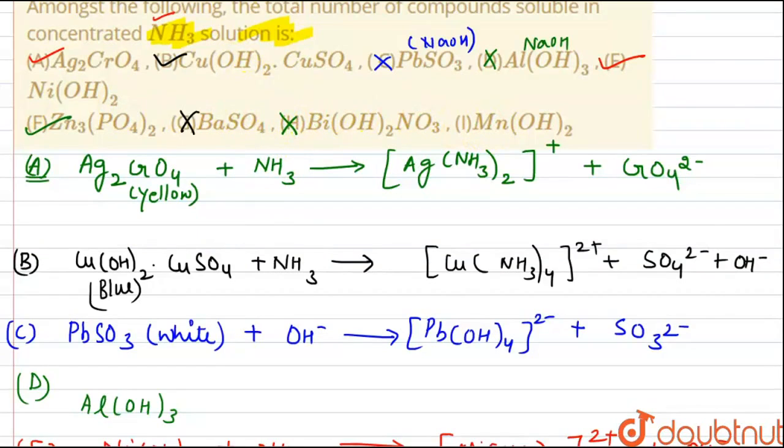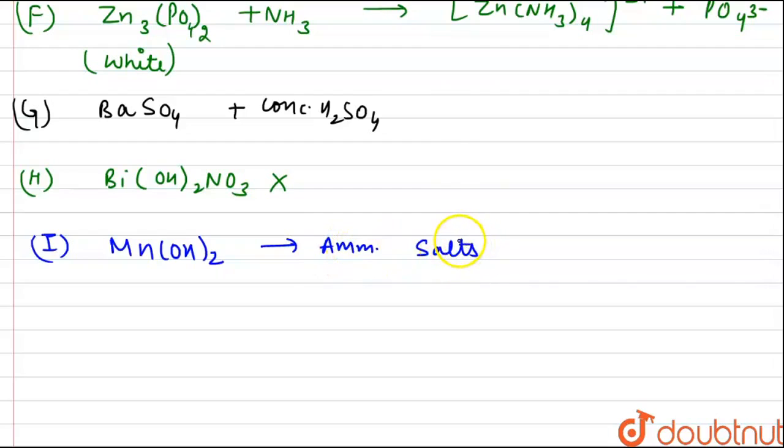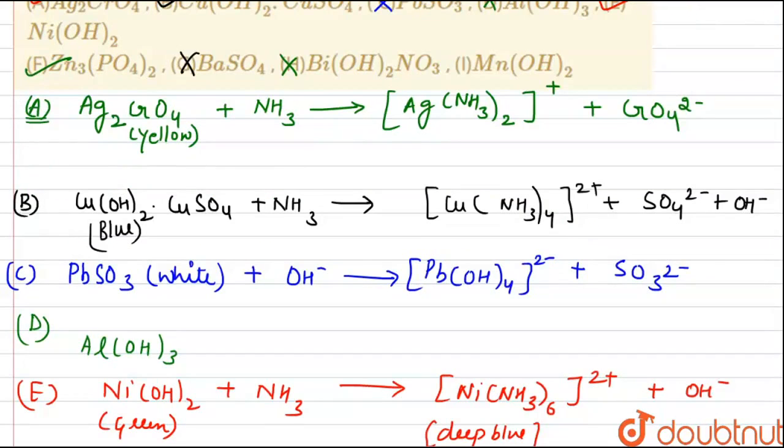Now the last but not the least is Mn(OH)2. It is also insoluble in ammonia, but it is soluble in ammonium salts that liberate ammonia. So it is not directly soluble in ammonia, and we can also cancel out this option.